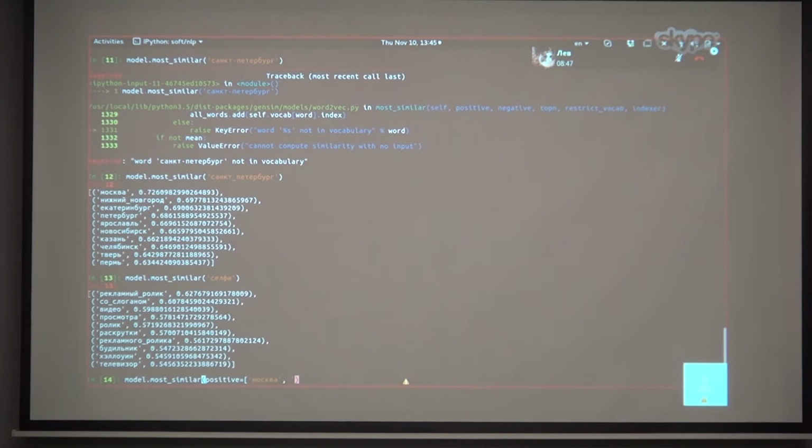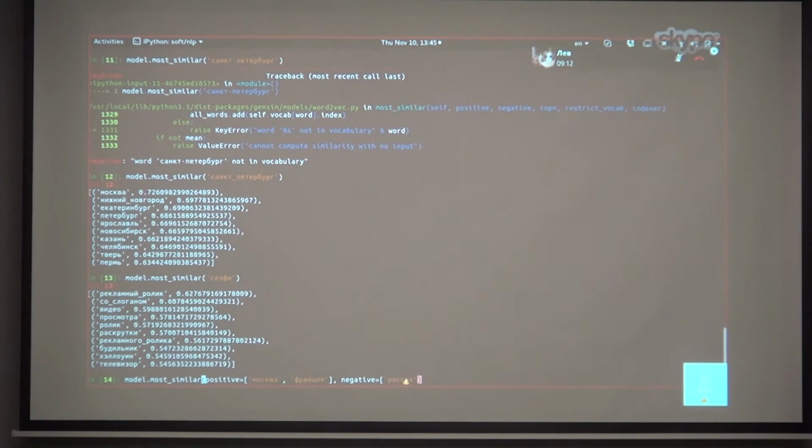We will take the vector for Moscow, add the vector for France, and subtract the vector for Russia.